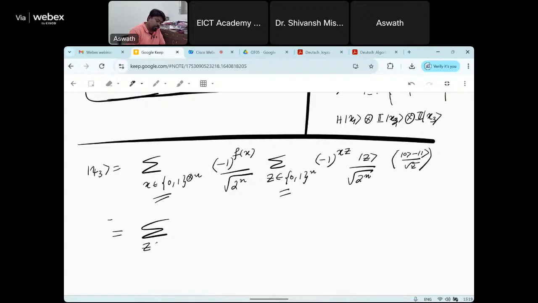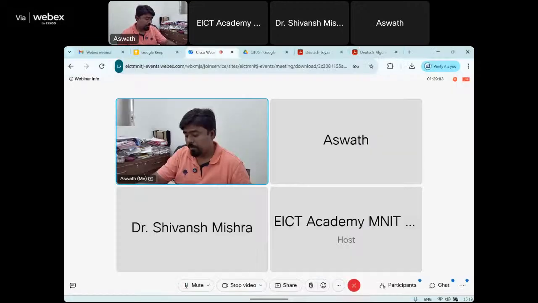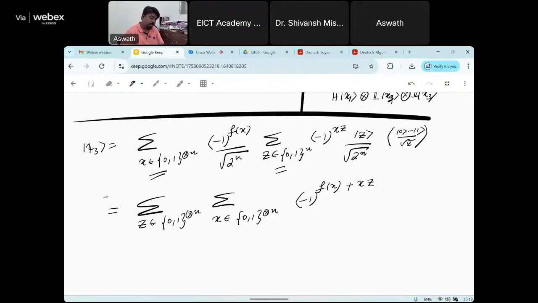Summation over z belonging to {0,1}^n, summation over x belonging to {0,1}^n, (-1) to the power of f(x) plus x·z, divided by just 2^n.